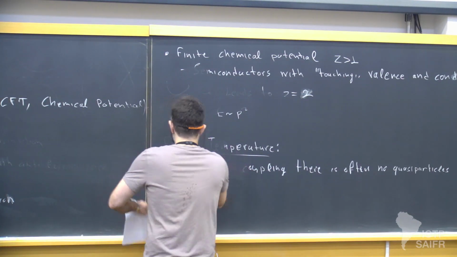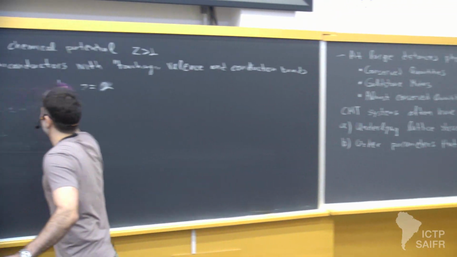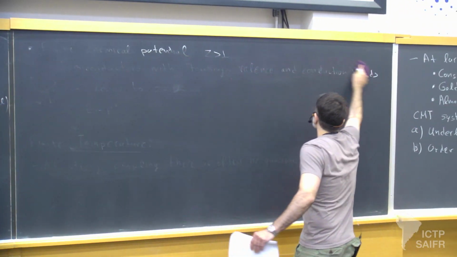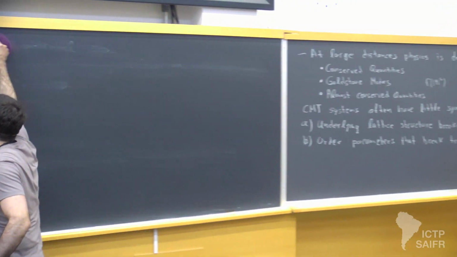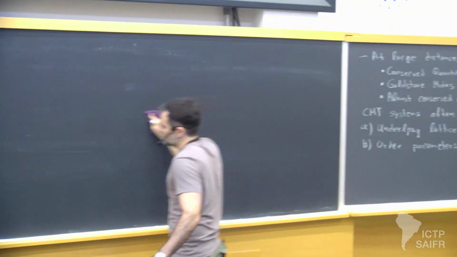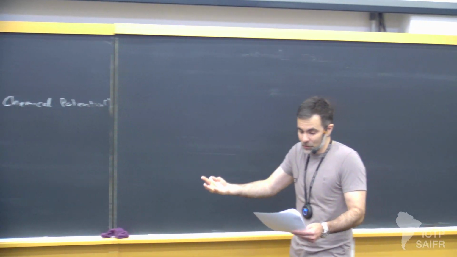Okay, right. I want to say very few things about CFTs in general, no gravity yet. Now we are in the z equals 1 regime. You can think of them as the z equals 1 fixed points.